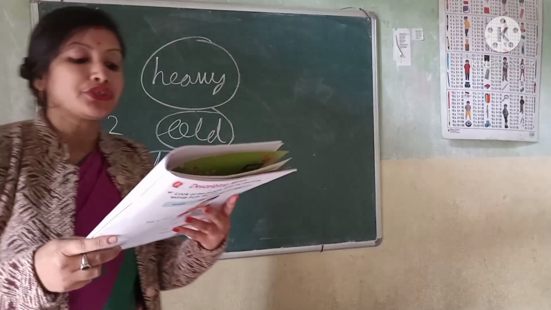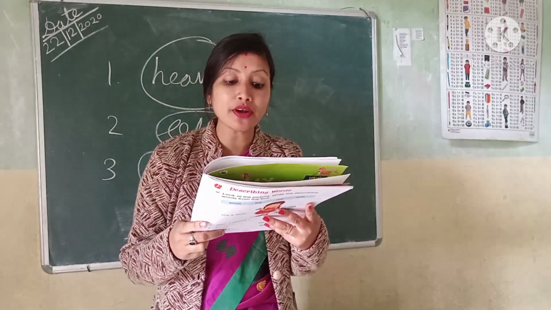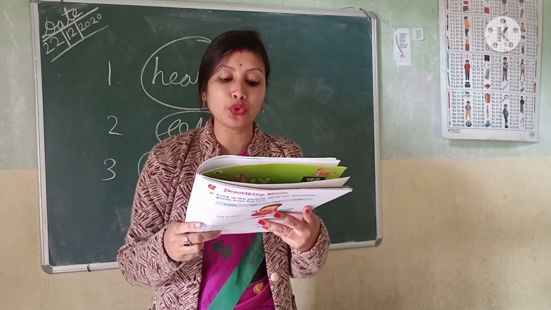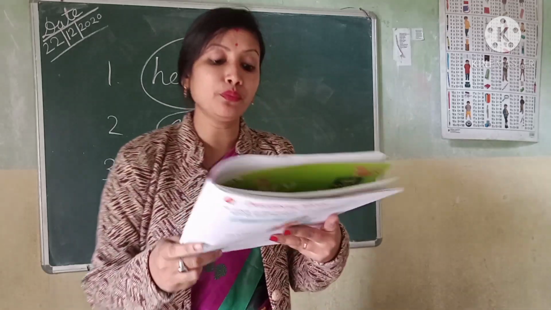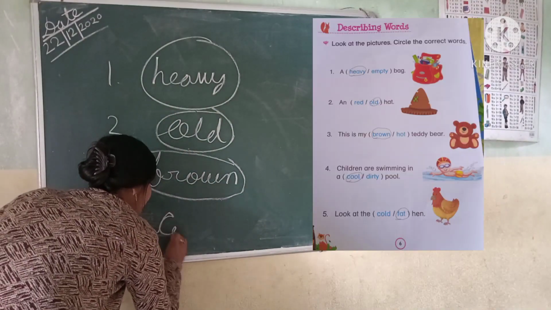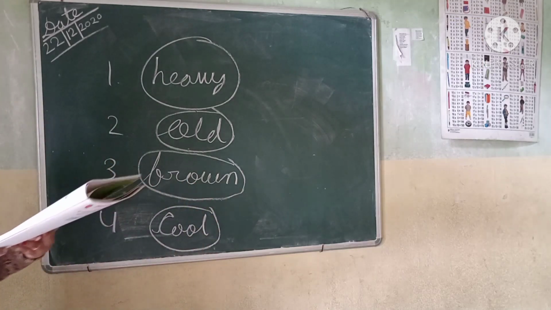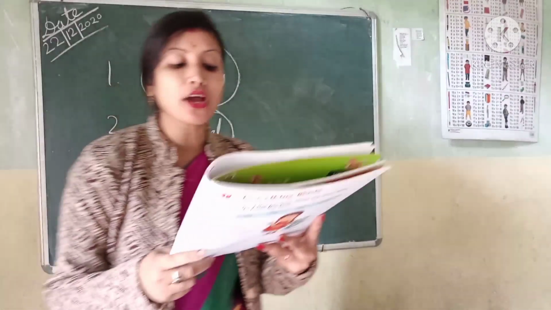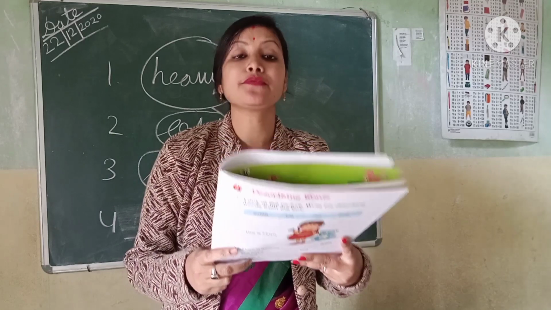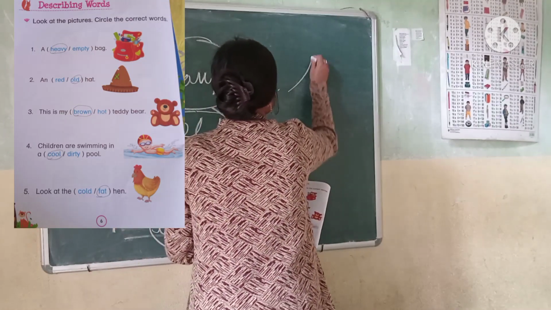Number 4. Children are swimming in a cool pool or dirty pool. Cool pool. The pool is cool. Circle cool. Last one, fifth one. Look at the cold or fat hen. Is the hen fat or cold? The hen is fat. Number 5 is fat.